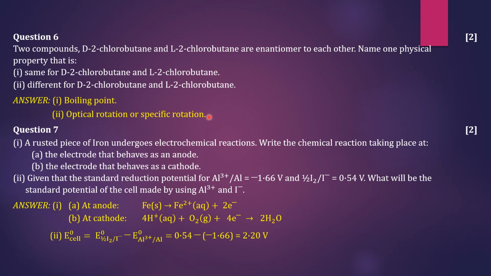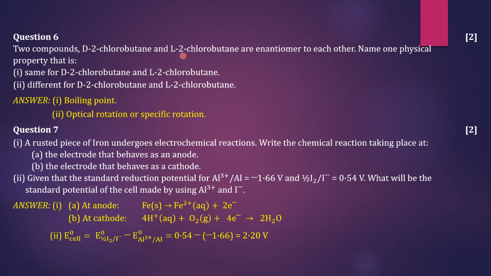Another property, though not in your syllabus, that will be different for these two enantiomers, and is also an optical property, is the reactivity towards an optically active reagent. If you take an optically inactive reagent, like aqueous KOH for normal substitution, their reactivity and the rate of reaction will be the same.